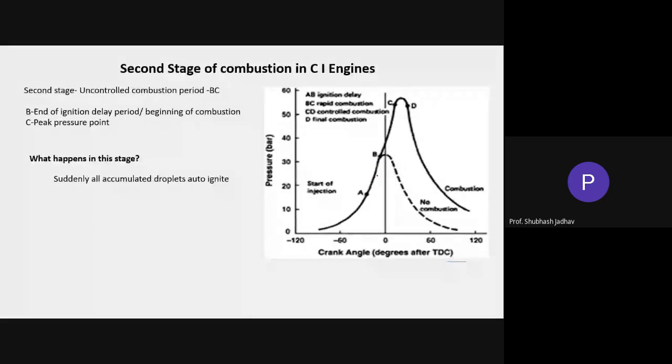Ignition has started during the chemical delay period, but they are not actually burning. Combustion starts here, at B. Whatever fuel droplets have accumulated in the combustion chamber up to point B are going to auto ignite. Suddenly they are going to ignite.